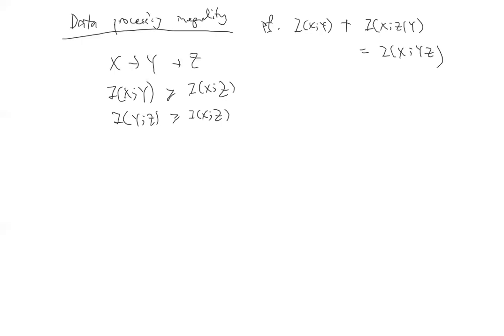The way to see that is the mutual information between X and (Y,Z) is first the mutual information of X and Y, then the mutual information of X and Z, knowing Y. Now I can move this term to the other side, so I(X;Y) is equal to I(X;Y,Z) minus I(X;Z given Y).